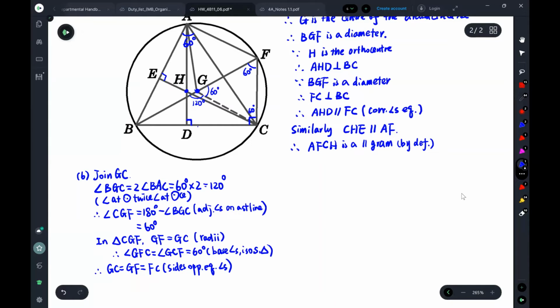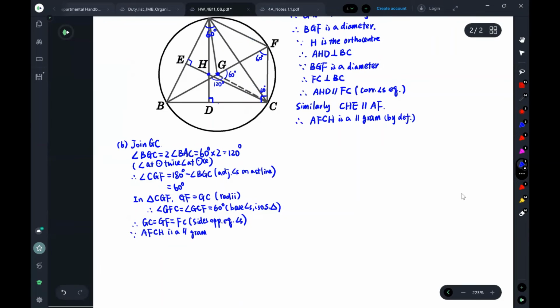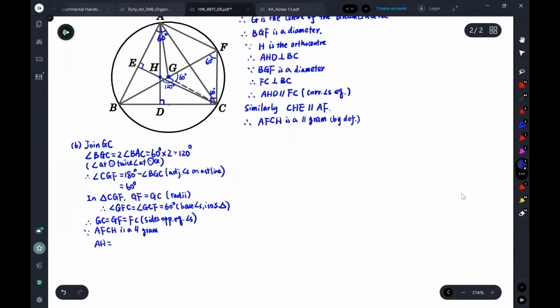Okay, now is this useful? I think so. Because the three sides are equal now, I can say FC and the radius are equal. And since AFCH is a parallelogram, we know AH equals FC, opposite sides of a parallelogram.